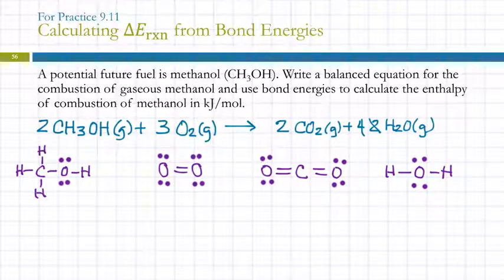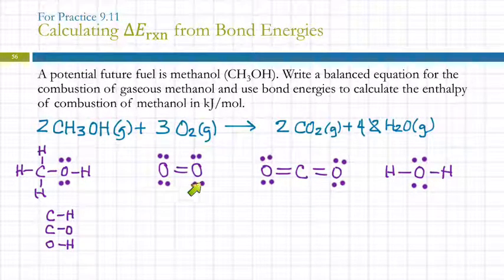So we're going to look at the different types of bonds that are being broken. Here we have carbon-hydrogen bonds. Always do that. So we've got carbon-hydrogen bonds being broken, and we have a carbon-oxygen single bond, and we have an oxygen-hydrogen single bond.